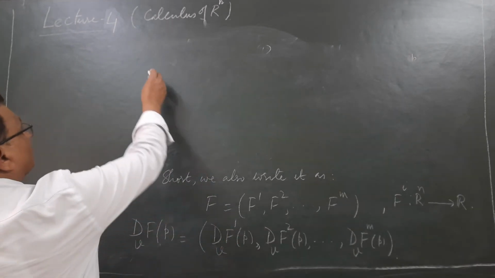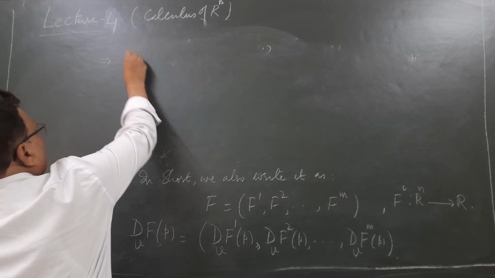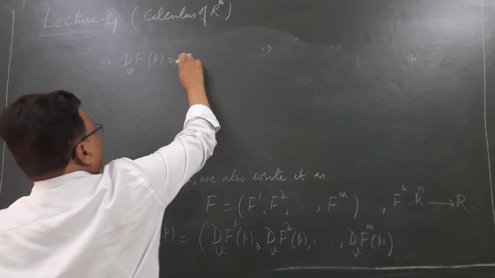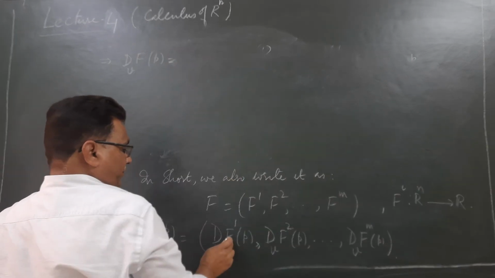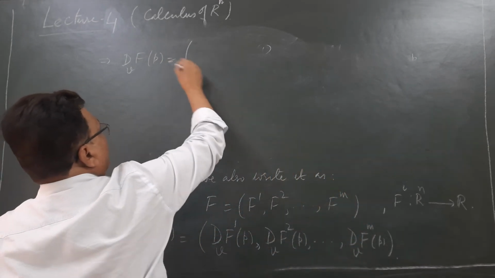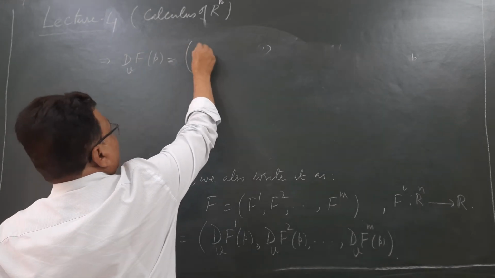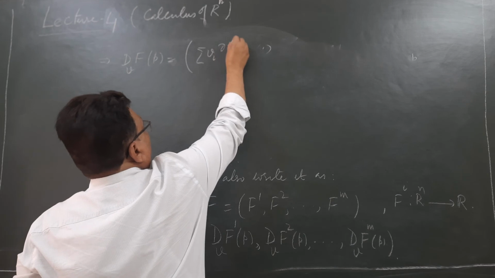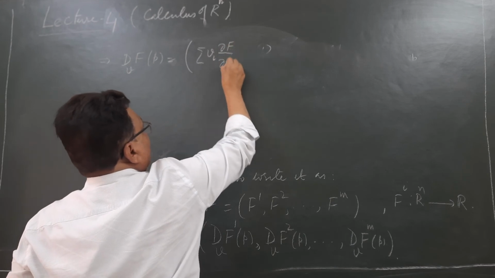So, this implies that dvfp is equal to, since f1, f2, fm are all real valued, I can make use of that last relation which says it is equal to summation vi into del f1 upon del xi.